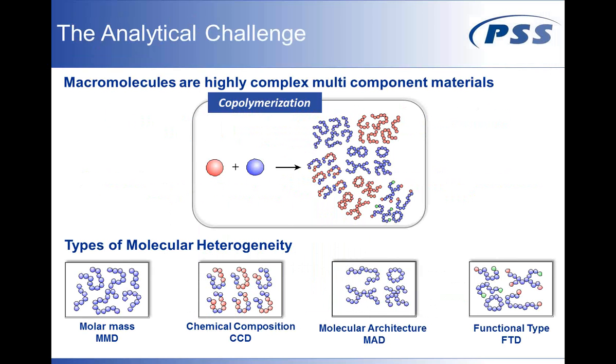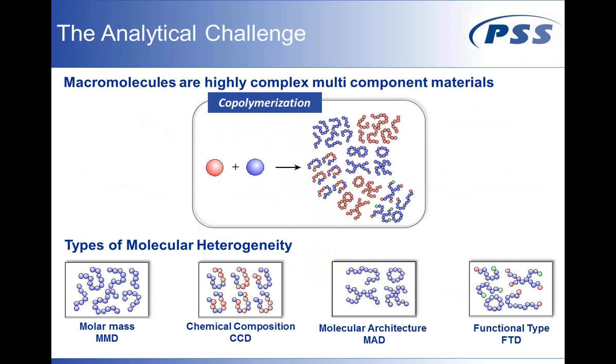What is most obvious, and what you know typically, is what we call a molar mass heterogeneity or molar mass distribution, meaning even if you start your polymerization all at the same time, in your final vessel you always have a mixture of chains which are different in length. Not all the chains have the same length, but they differ, and that is what we call molar mass heterogeneity or molar mass distribution.